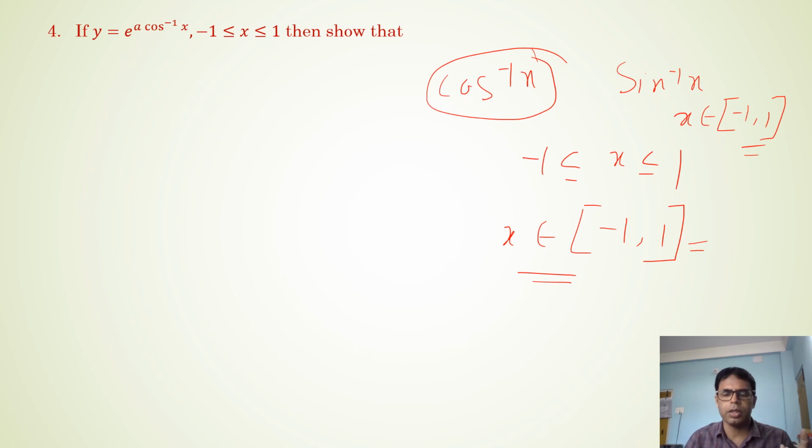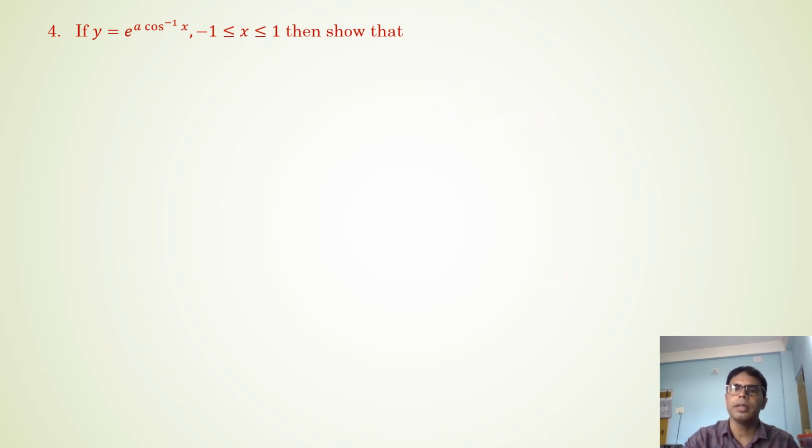For those inverse trigonometric functions, we will have some domain also, and that will be discussed in the chapter inverse trigonometric functions. Okay, so till now you just think about the sine inverse and cos inverse function here. These two functions are defined only when x belongs to minus 1 and 1. That means minus 1 less than or equal to x less than or equal to 1.